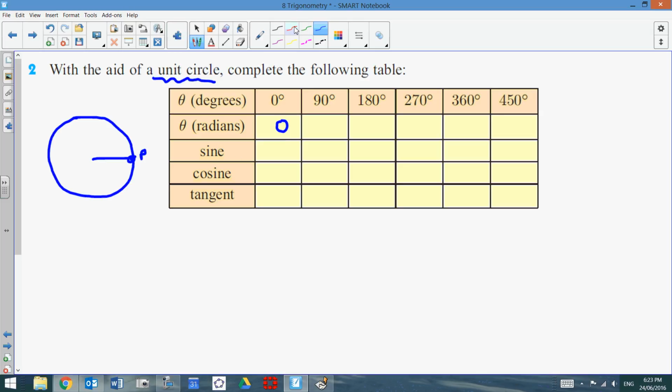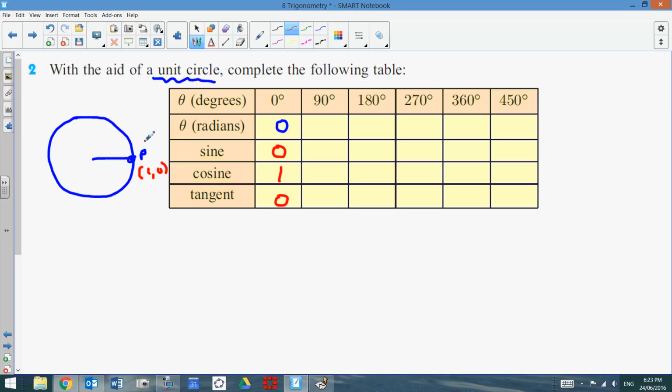So remember, we labeled this point earlier as 1, 0, because I was going to the right one unit, which is the radius of the circle, and then staying there. So my sine value would be 0, because that's my y. Cosine is my x, so that's 1. Tangent is sine divided by cosine, so 0 divided by 1, which is 0.